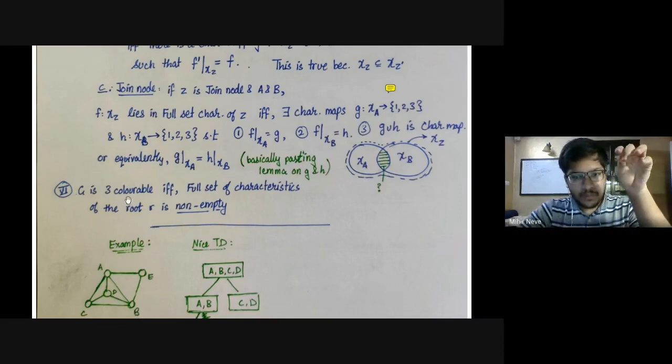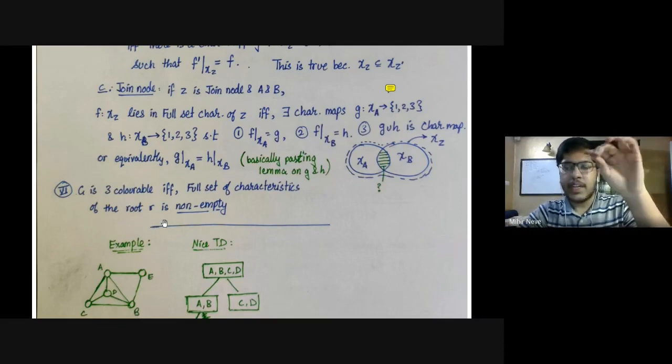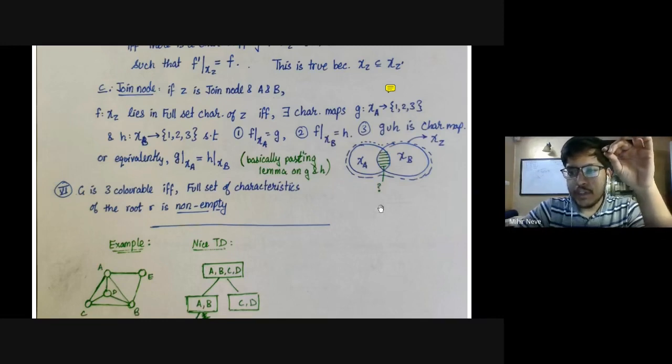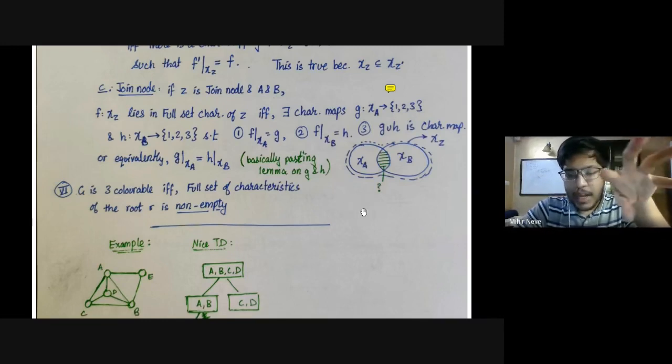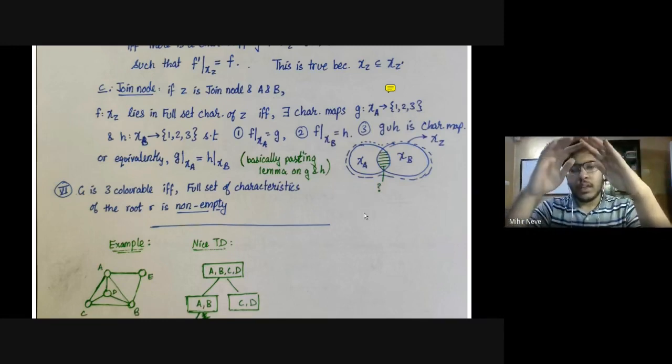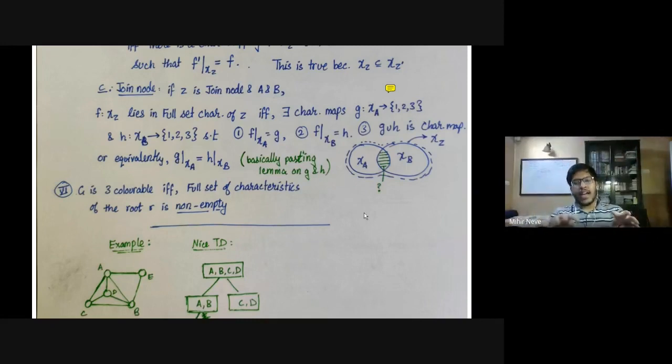So remember what happens at every node. If I have reached node Z, the terminal subgraph GZ will have some good coloring which has already been given to it, right?